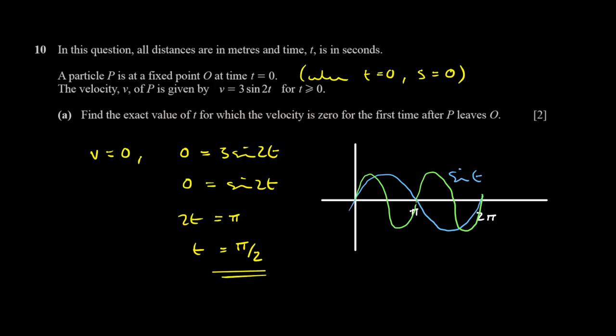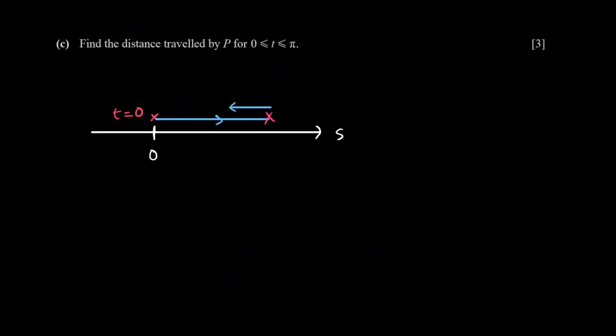That time, pi by 2, is the time when the particle changes direction. So that is t is equal to pi by 2. So what we need to do is find the displacement from 0 to pi by 2, and then find the displacement when t is equal to pi.